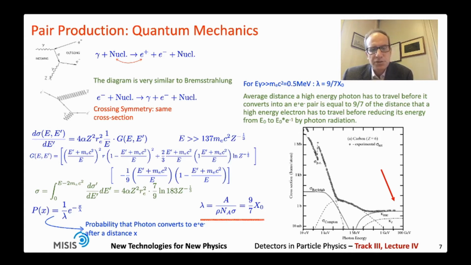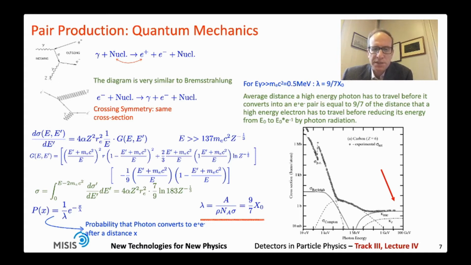And so one can actually define, by using this, you compute what is the typical energy loss for a photon as a function of the traversed material, and indeed you end up with a similar exponential behavior of the initial energy, which degrades with an exponential, and the constant in the exponential is not anymore the radiation length, but it is called lambda here, and it's very much similar to the radiation length.